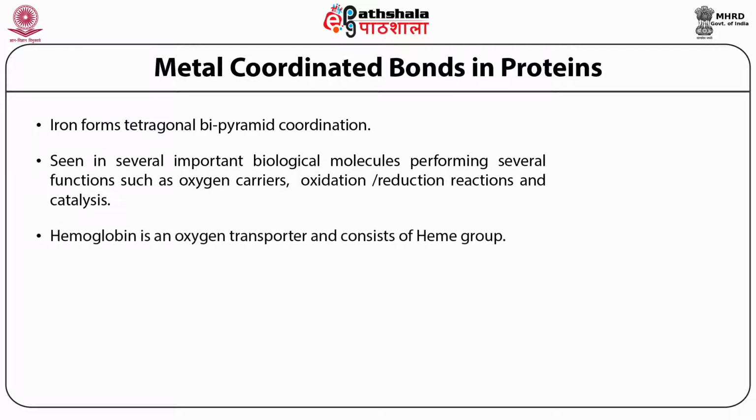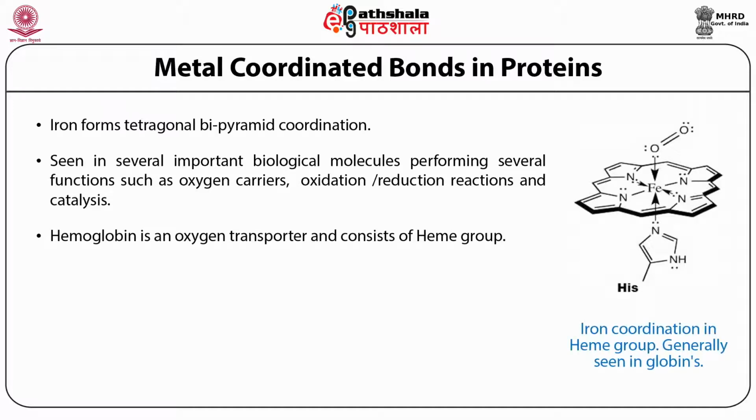Hemoglobin is the oxygen transporter and it consists of a heme group, which I've shown you in the right side figure. The iron is coordinated by the heme group's four nitrogens, and there is a histidine below the plane of the heme group, which coordinates through the nitrogen lone pair of electrons, and the oxygen binds on the top. That's where oxygen or carbon dioxide can be coordinated with iron.